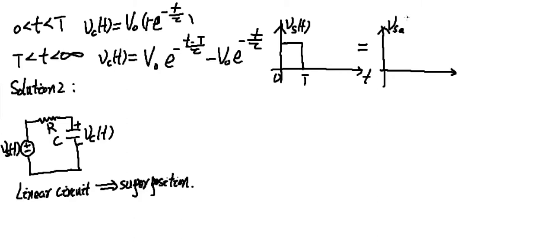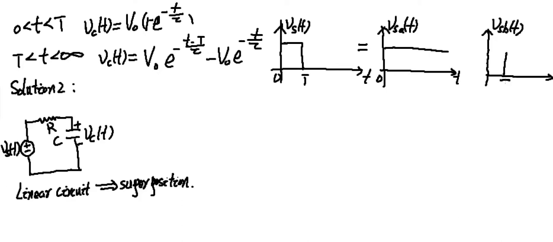Let's call the first one VSA(t), which is given by a step function that starts at t equal to 0. And let's call our second step function VSB(t). This step function starts at t equals capital T. You can easily see that if you use the first one and subtract the second function, you will get this finite width pulse function.